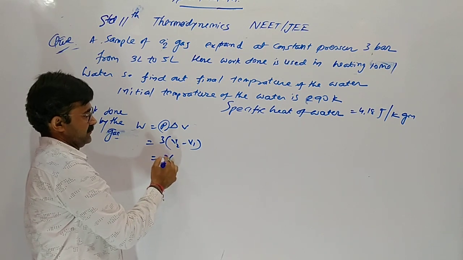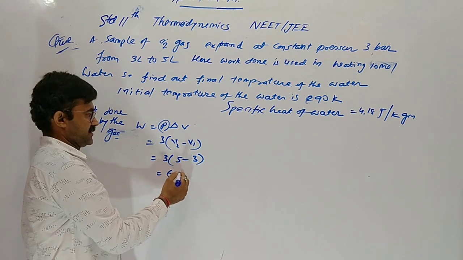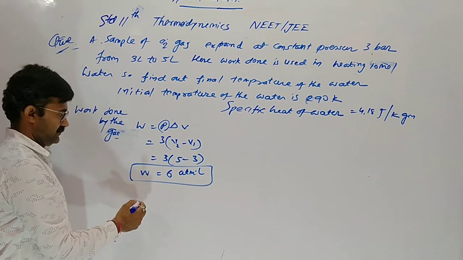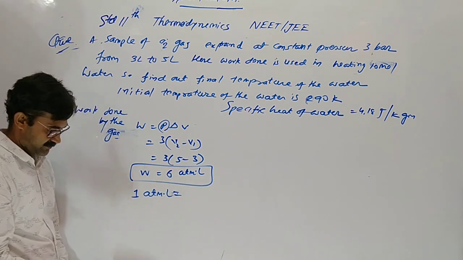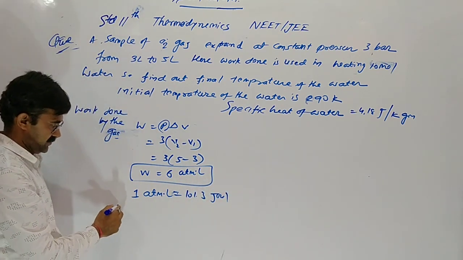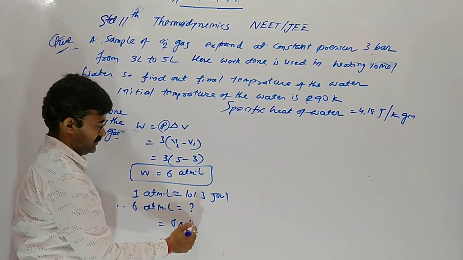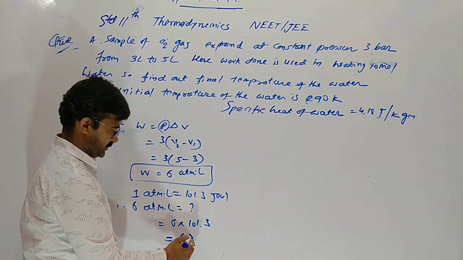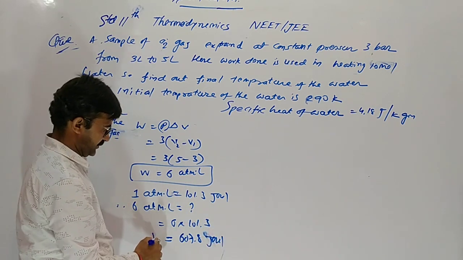V2 minus V1: final volume 5 liter, initial 3, 5 minus 3 is 2, so 6 atmosphere liter. 1 atmosphere liter is equal to 101.3 joule. So 6 atmosphere liter will be how much? 6 into 101.3, so 607.8 joule. This is our work.